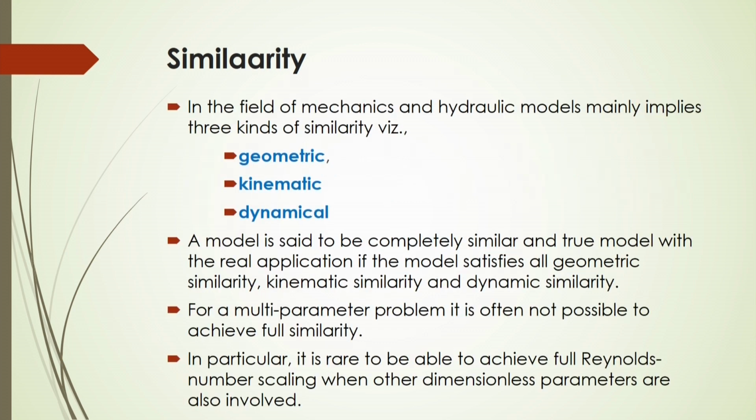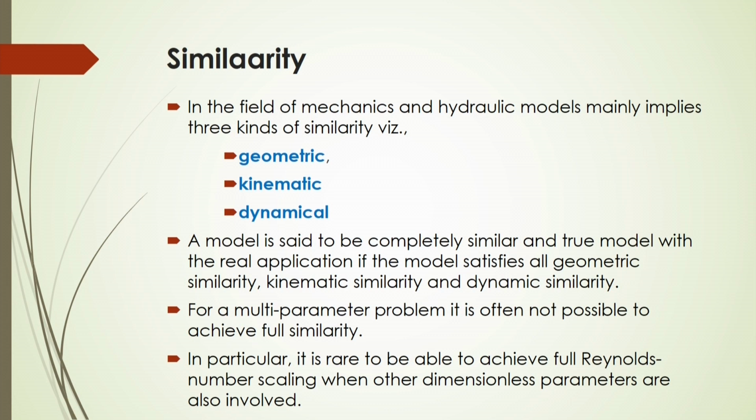Now, in the field of mechanics, hydraulic models mainly imply three kinds of similarity: geometric, kinematic and dynamic. A model is said to be completely similar, a true model of the real application, if the model satisfies geometric similarity, kinematic similarity, and also dynamic similarity.